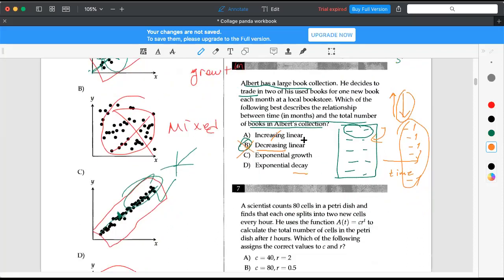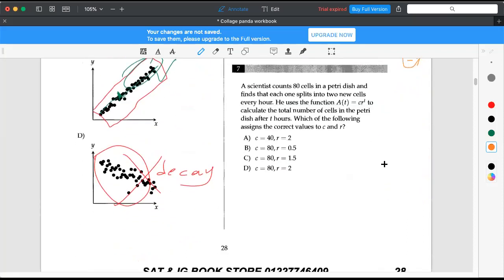You are right. Good. Most of you did. What about C?